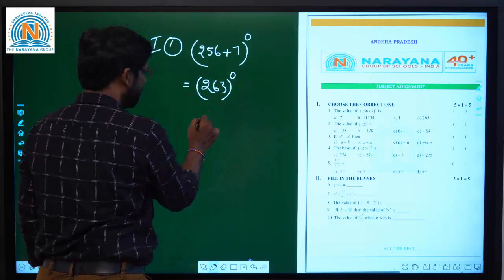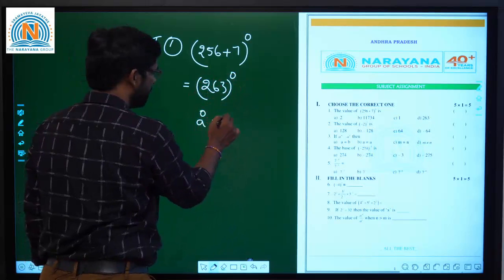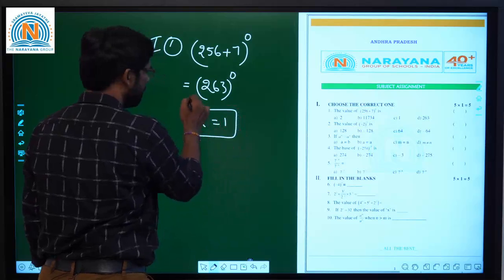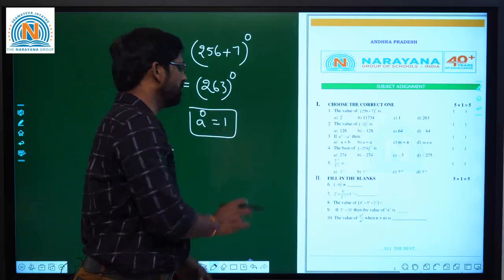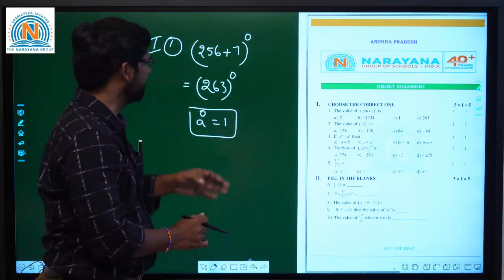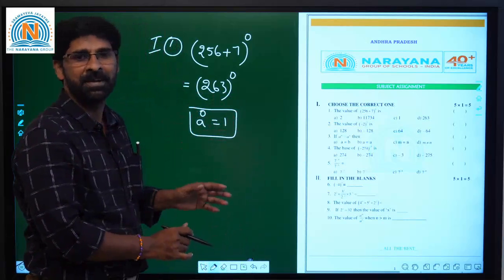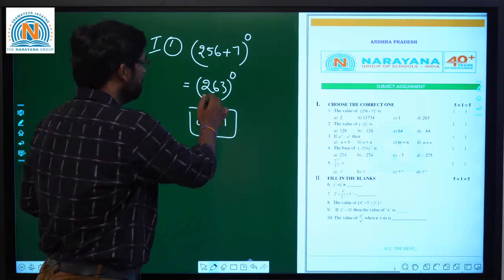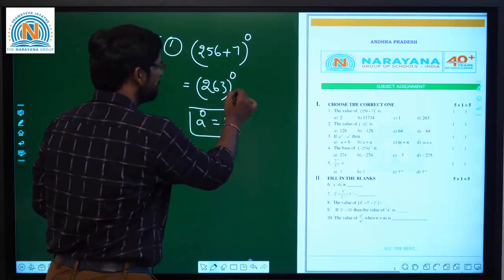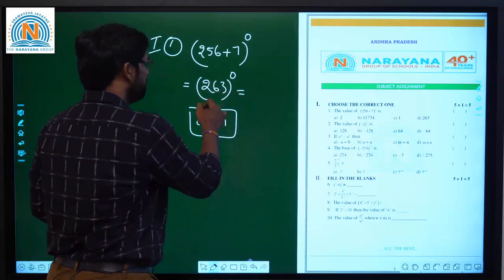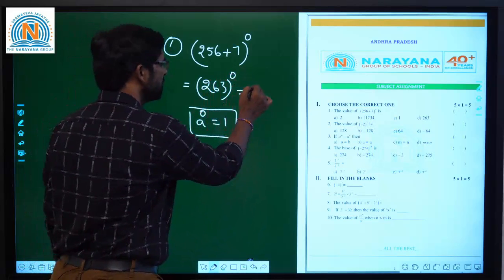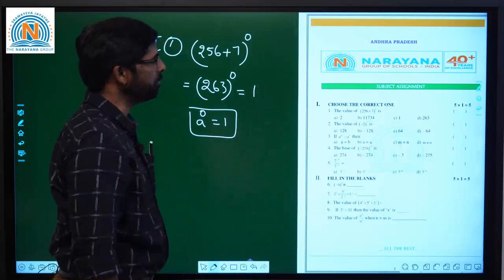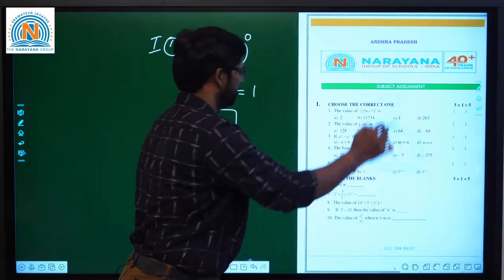You know that a to the power of 0 equals 1, one of the properties of exponents and powers, with any base except 0. So 263 whole to the power of 0 value is 1. So your option is C.